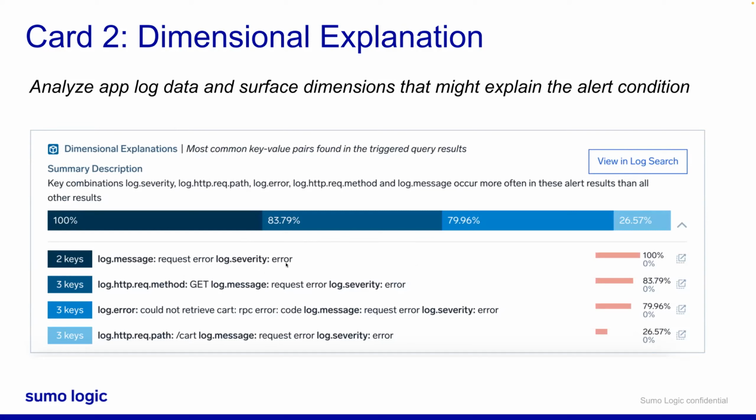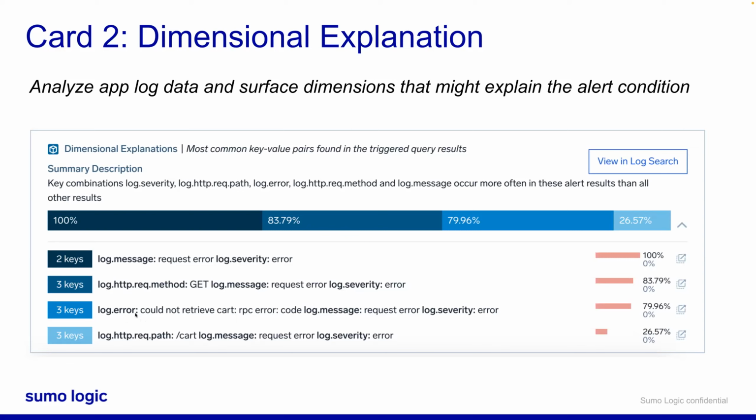this key-value pair appeared the most. Log message error request and log severity error appeared the most in the logs that are related to the issue. It also tells us other fields that appear disproportionately in the error-related activity, right?